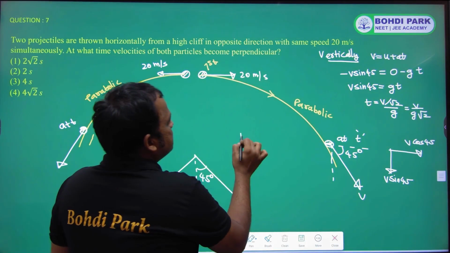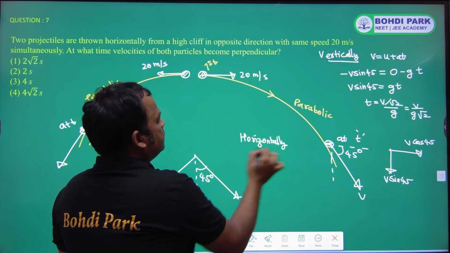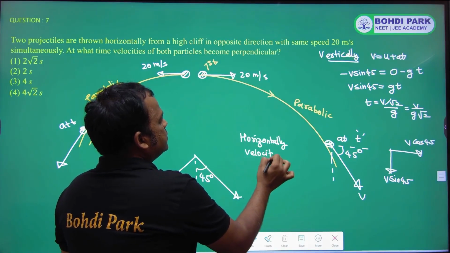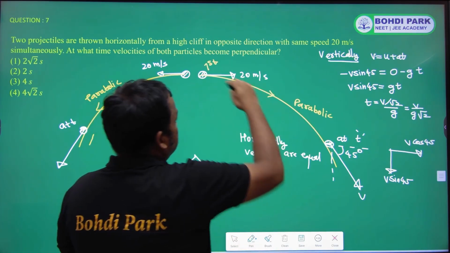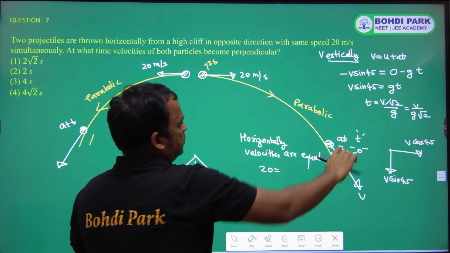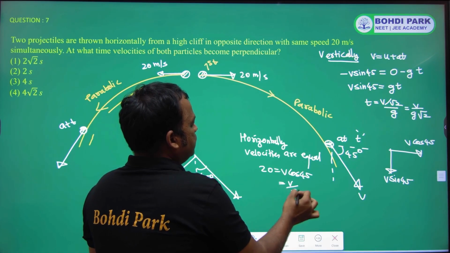Horizontally velocities are same. Horizontally velocities are equal. So 20 is equal to V cos 45. So V by root 2 is 20.